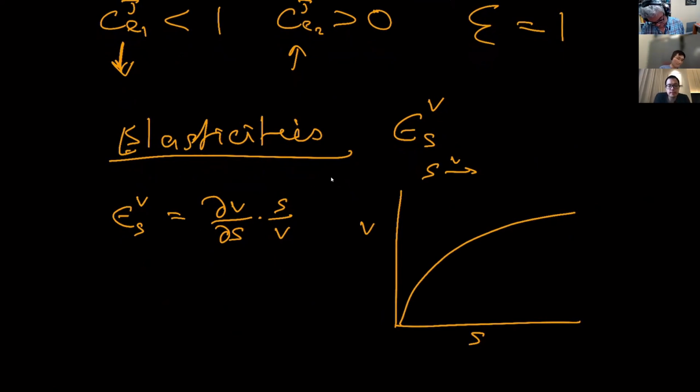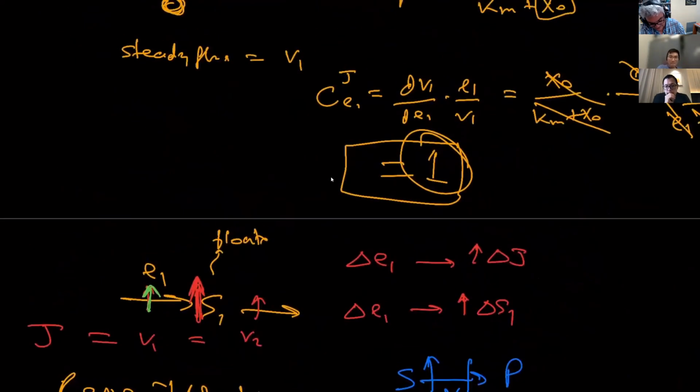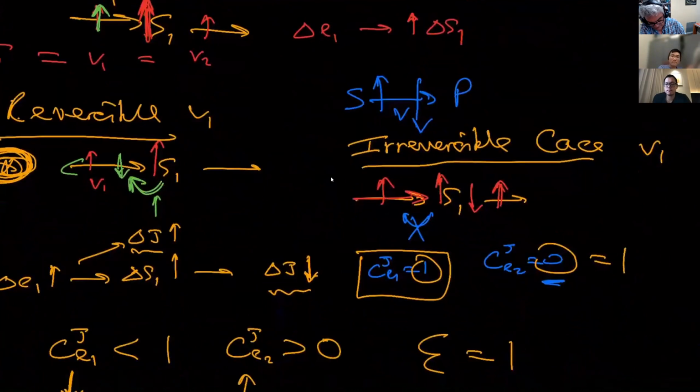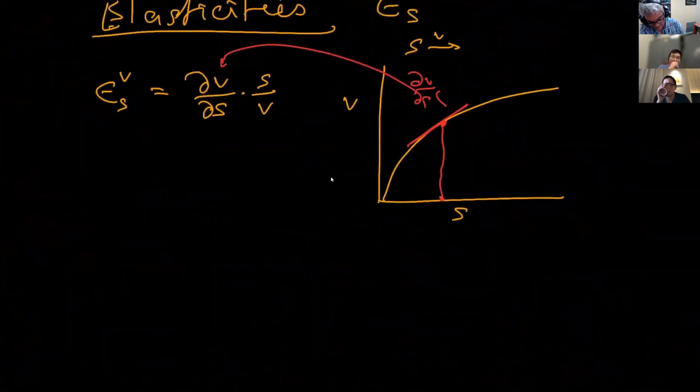If I take a particular point on S, the slope at that point is dV by dS. That's just the slope, right? So the elasticity is the slope of the reaction curve, because this is just V against S. But it's the slope that's been scaled by S over V, just like the control coefficient.